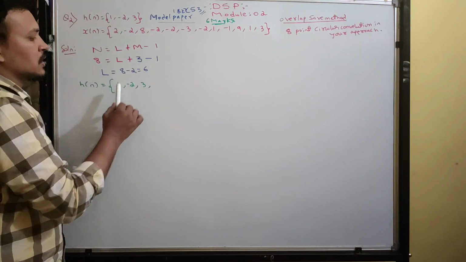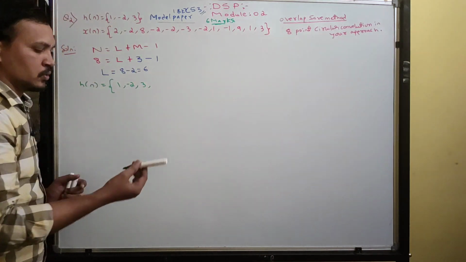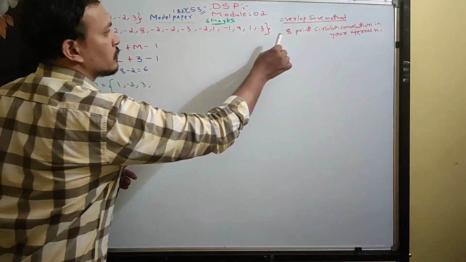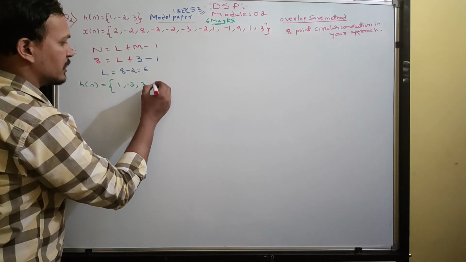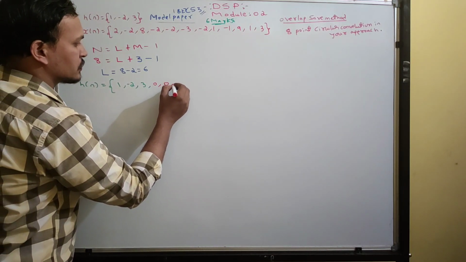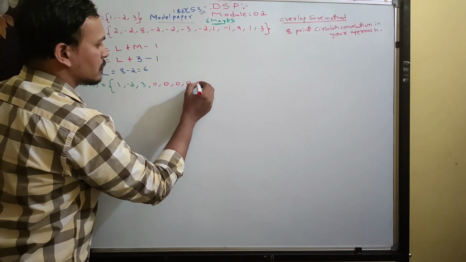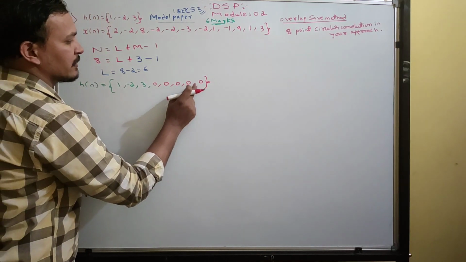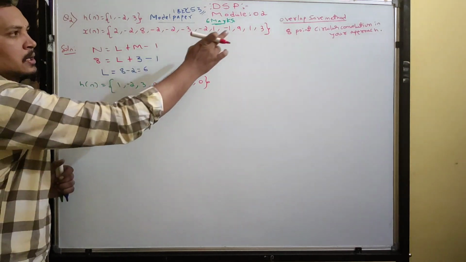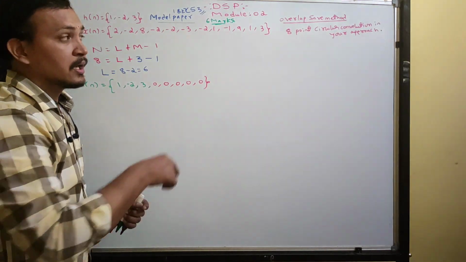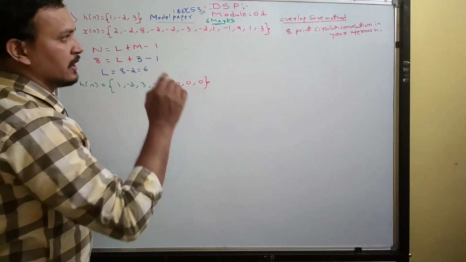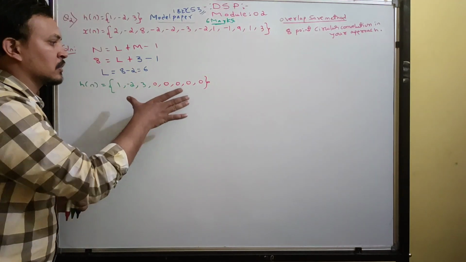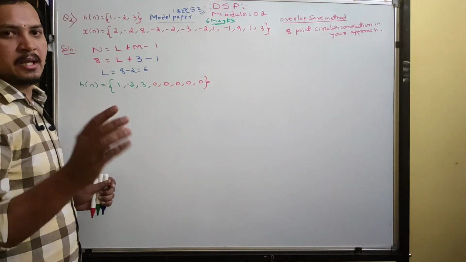The available samples are 1, minus 2 and 3. To get 8 points you should add how many zeros? 5 zeros: 1, 2, 3, 4, 5. So totally 1, 2, 3, 4, 5, 6, 7, 8. They already specified that N should be 8 only. To perform circular convolution, h of n should have 8 samples.